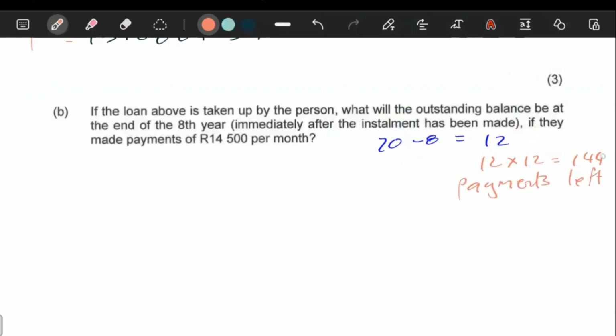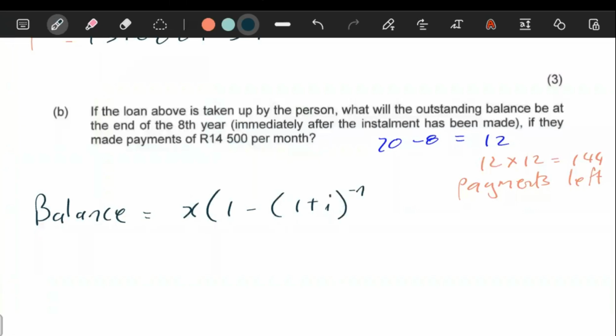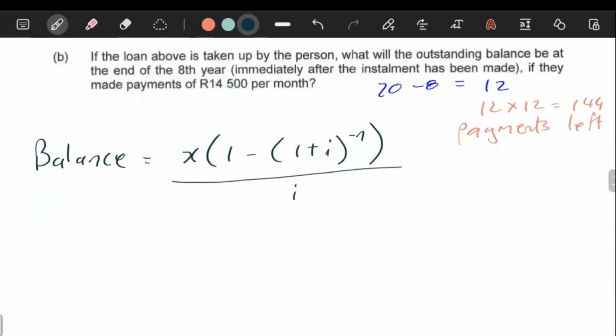Since we now know there's 144 payments left, our balance is equal to x, 1 minus 1 plus i, the whole thing to the power of negative n, the whole thing over i.